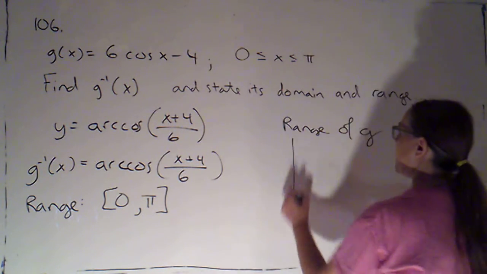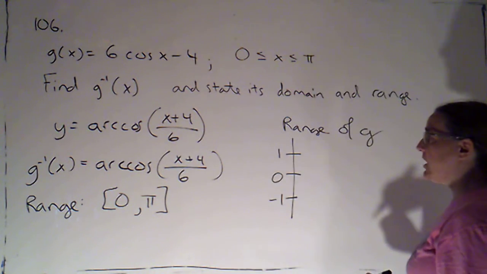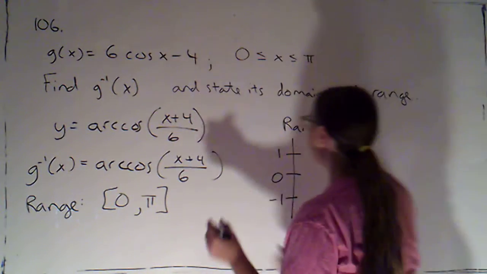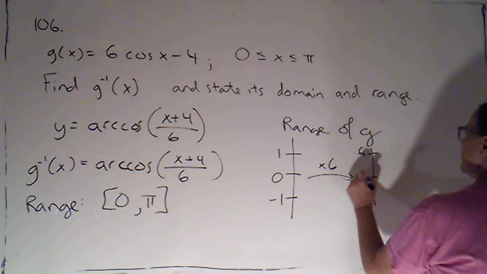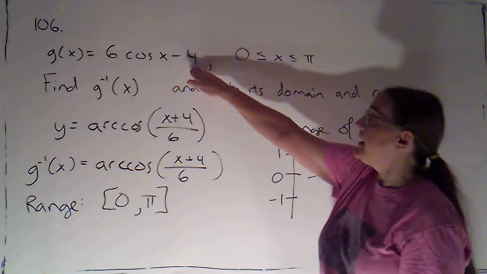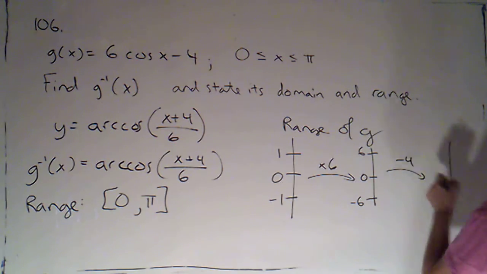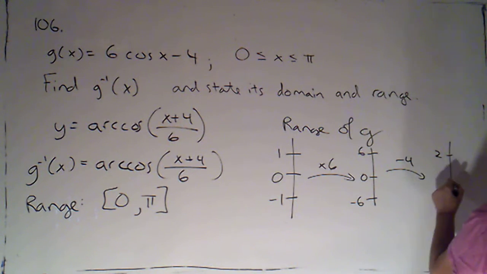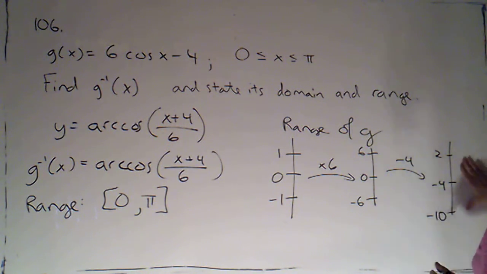So with cosine, we would start with high, middle, and low values of 1, 0, and -1. Looks like we're multiplying by 6. So that would take me to high, middle, and low of 6, 0, and -6. And then we're subtracting 4. That's going to just move things down 4. So my high value is 2, my middle is -4, my low is -10.